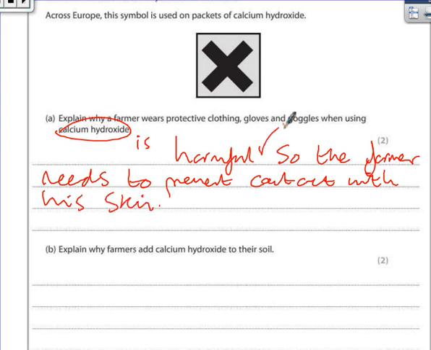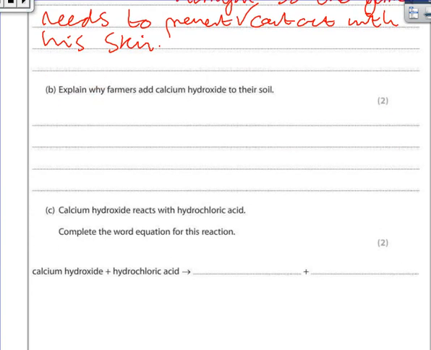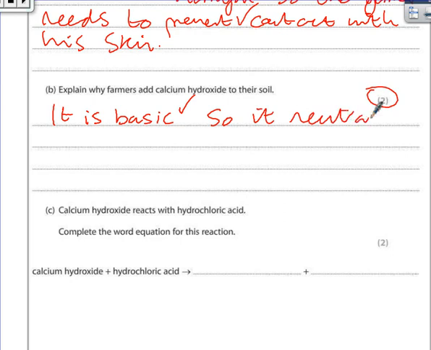It's harmful, and so he needs to prevent it touching his skin. Explain why farmers add calcium hydroxide to the soil. It's a base. It's basic, or it's an alkali. 1 mark. We're looking for 2 marks though. So it neutralizes acidic soil, therefore helping crops to grow. We've got the 2 marks there.